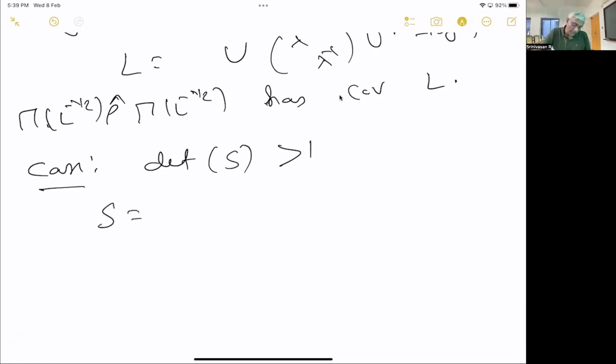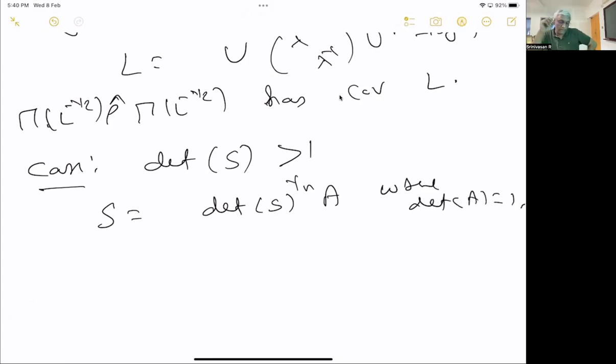Then S is equal to (det S)^{1/n} times A, where the determinant of A is equal to 1. The constant will have λ^n as the determinant.